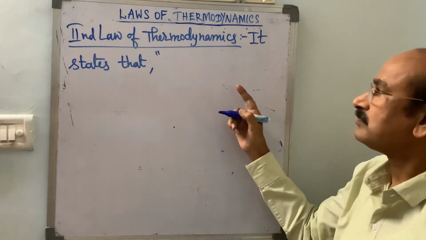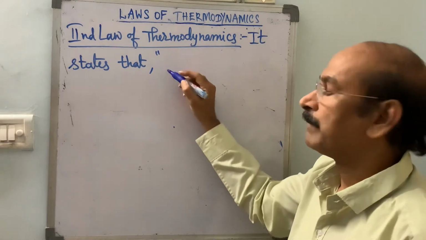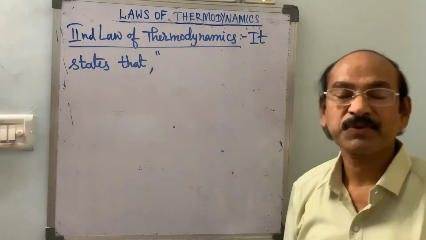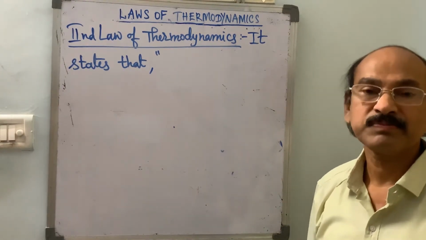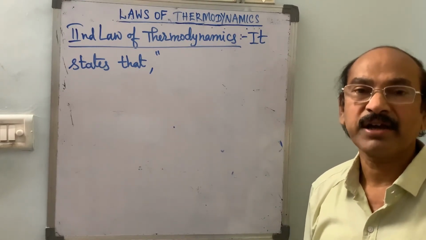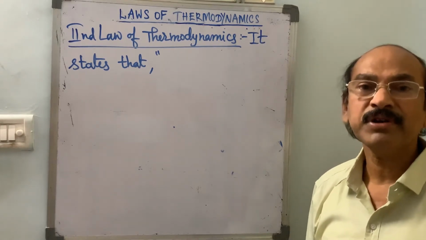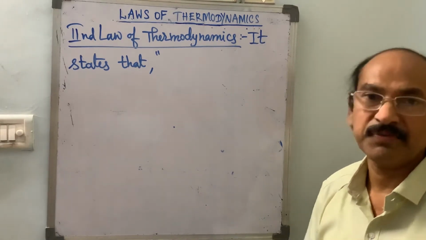So the second law of thermodynamics states that it is impossible to transfer heat energy from a body at lower temperature to a body at higher temperature unless there is the aid of an external agency like a refrigerating machine.